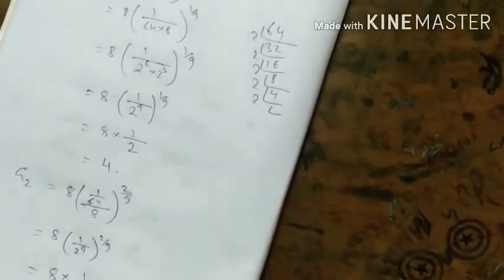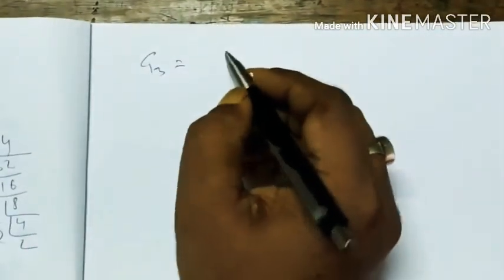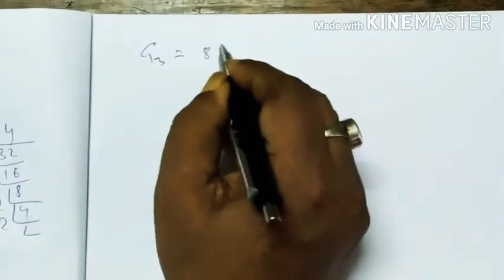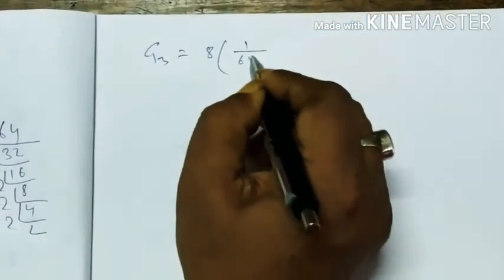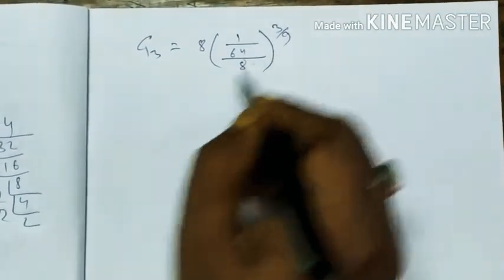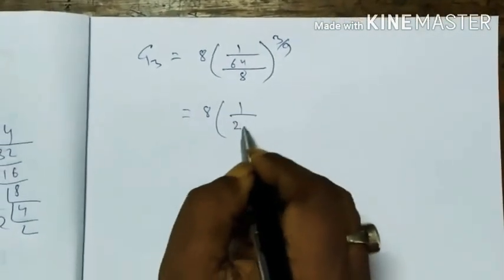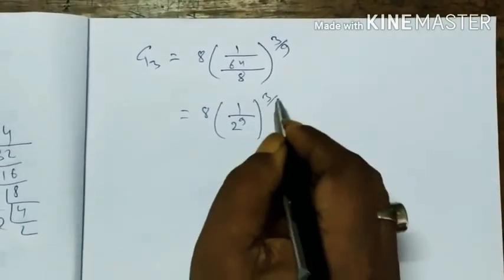Similarly, having done G2, now I go for G3. G3 will be 8 into (1 by 64 by 8) to the whole power 3 by 9. So this comes out to be 8 into (1 by 2 to the power of 9) to the power of 3 by 9.